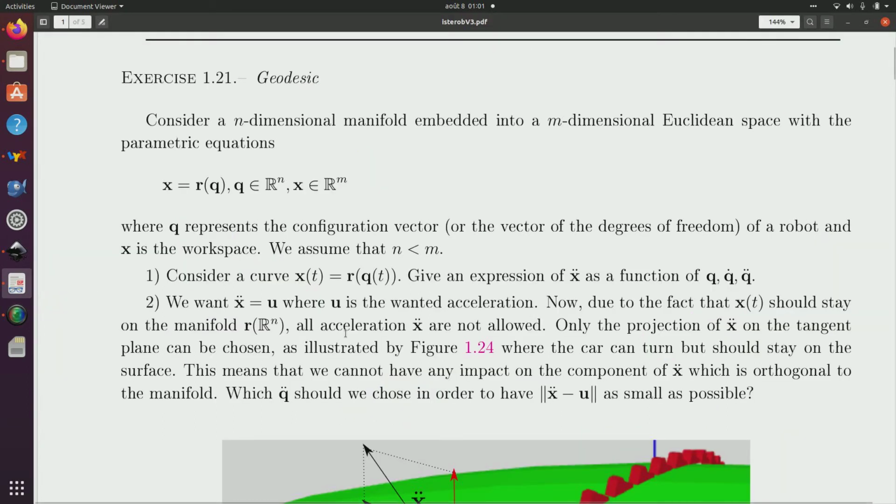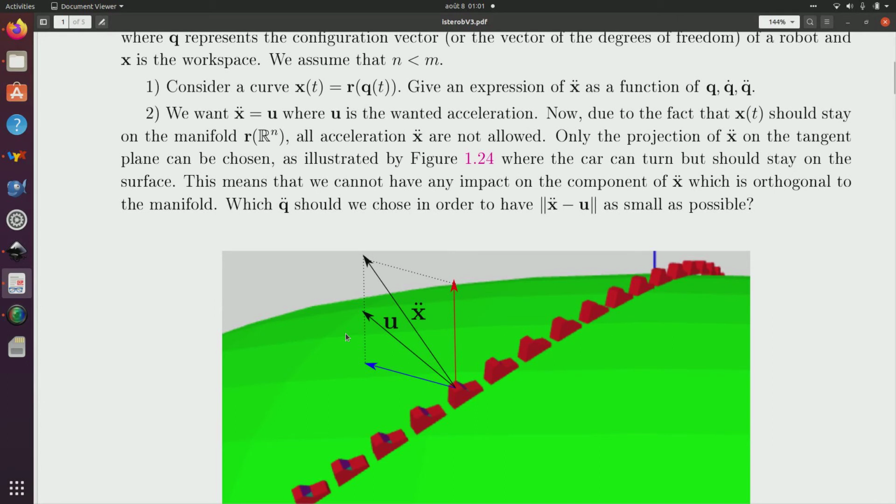So this was related to the second question. We want to have x dot dot equal to u, so u corresponds to what I want for x dot dot, and all accelerations I want are not possible. I have to stay on the manifold, as explained here. So what will happen is that I can control laterally on the manifold the acceleration, but not transversally to the manifold.